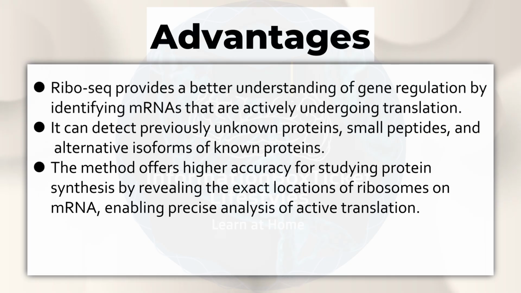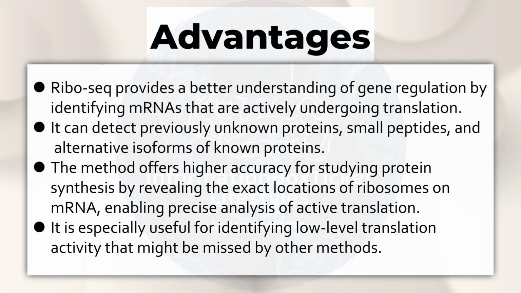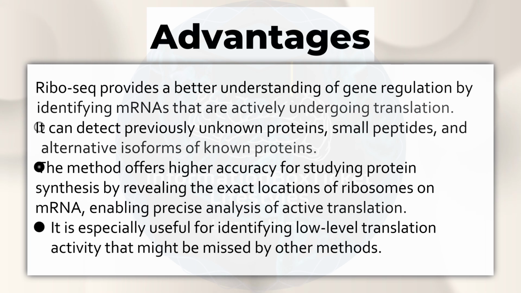The method offers higher accuracy for studying protein synthesis by revealing the exact locations of ribosomes on mRNA, enabling precise analysis of active translation. It is especially useful for identifying low-level translation activity that might be missed by other methods.